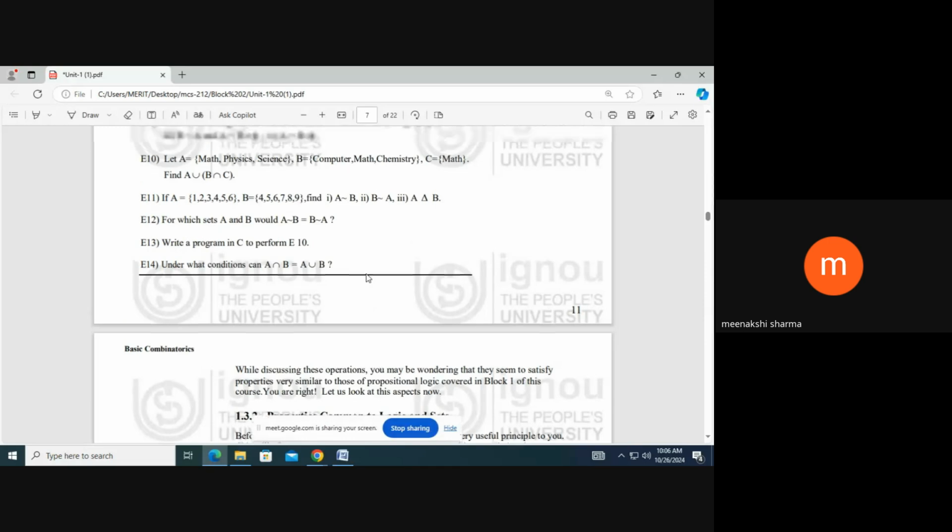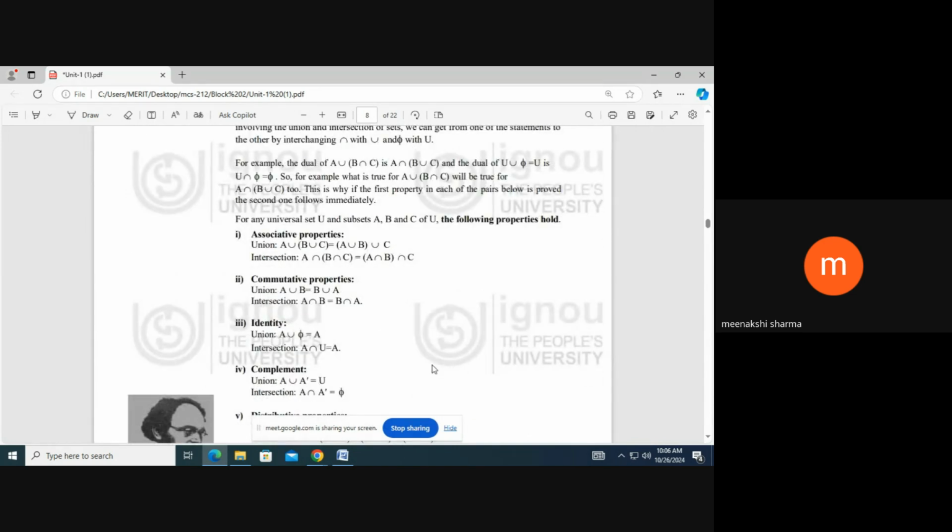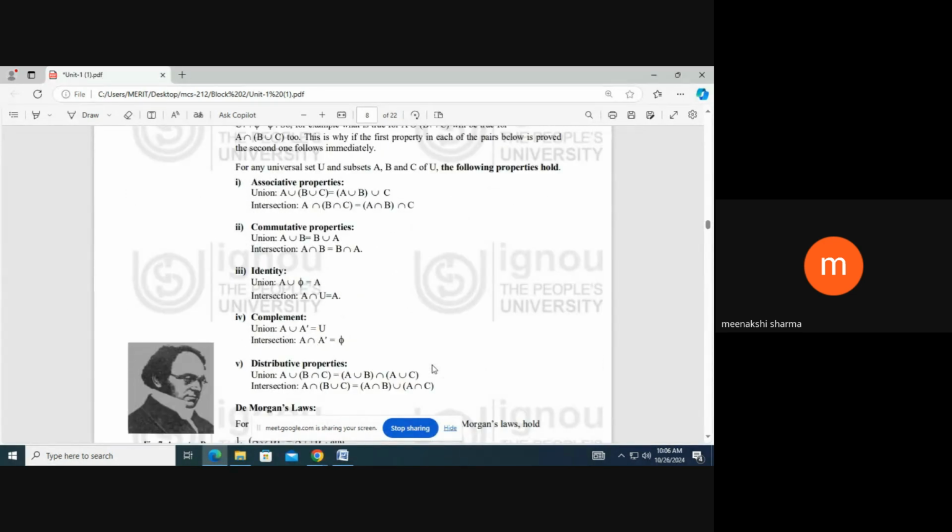Do you understand the symmetric difference of these two sets, students? Yes, ma'am. Okay, then these are our questions. Just do it. Then another one is the common properties of logic and sets. These are the properties.